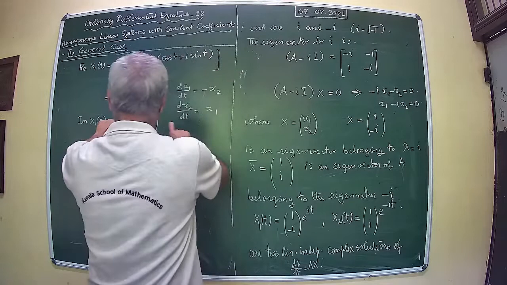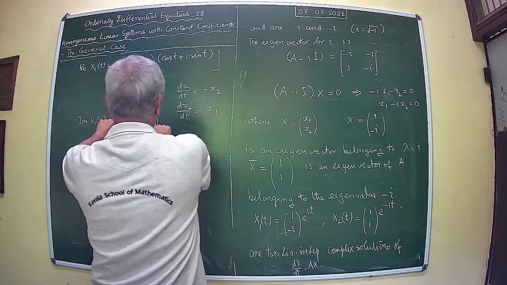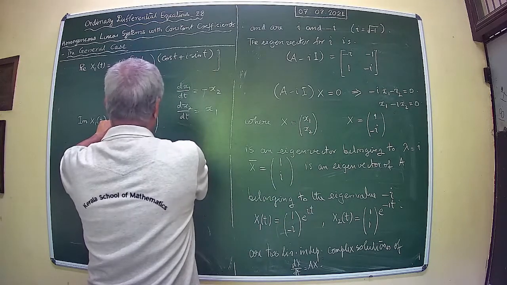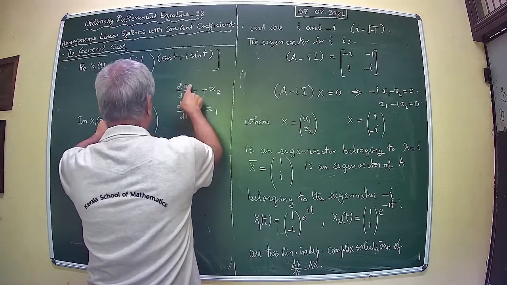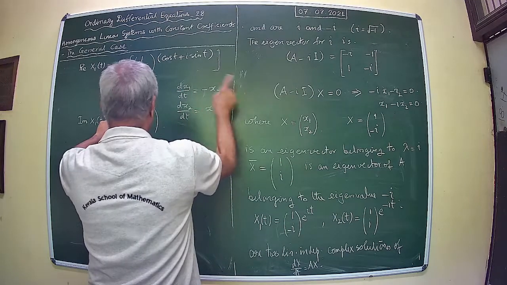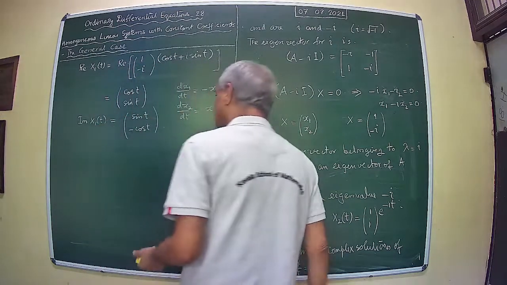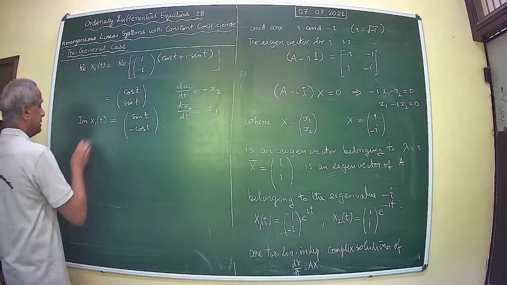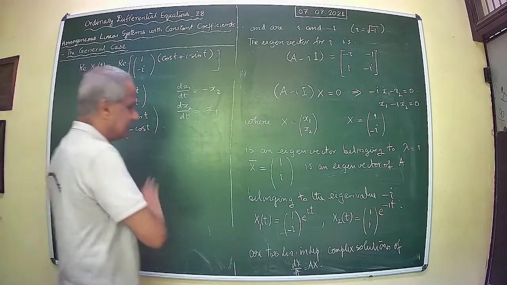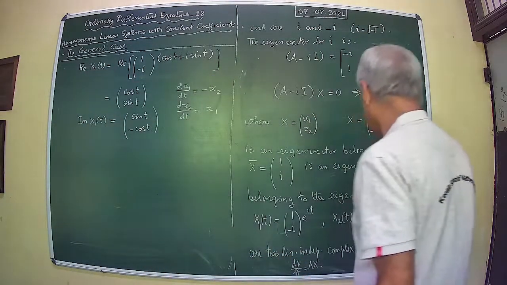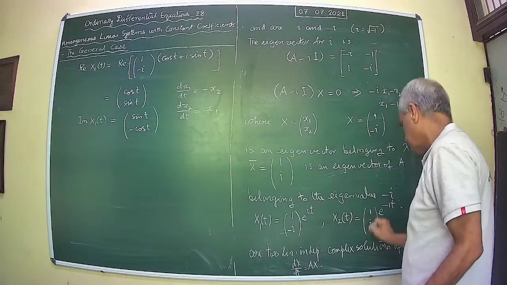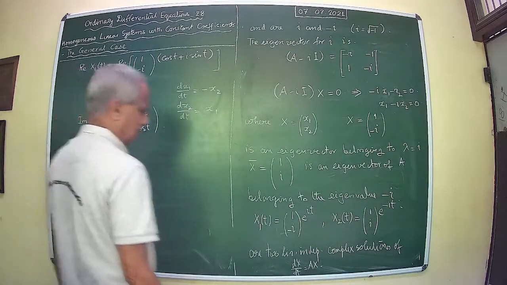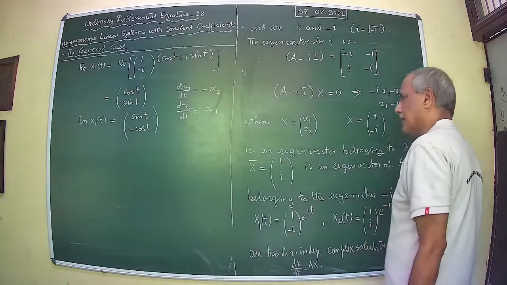Also you take x1 equal to sin t, then x2 equal to minus cos t, then you see that cos t equal to minus of minus cos t. So this satisfies these equations. Similarly you can get the same thing from working with x2. So you get two linearly independent solutions.